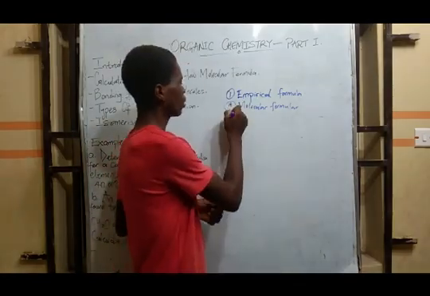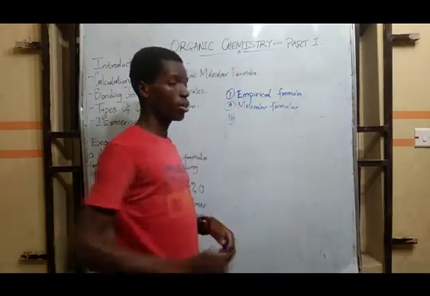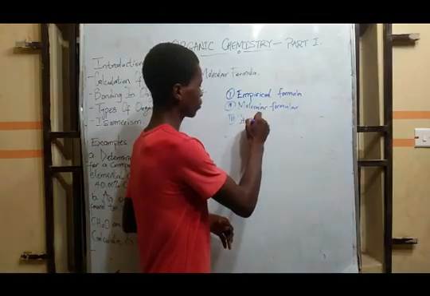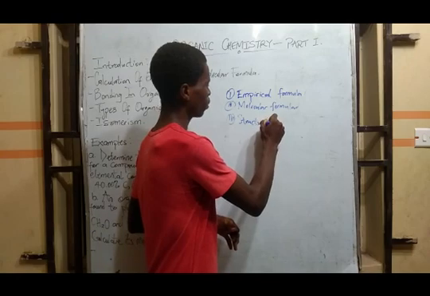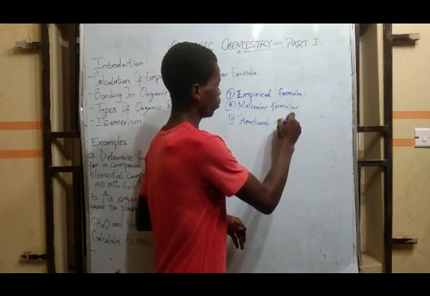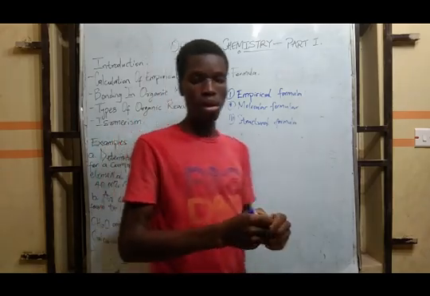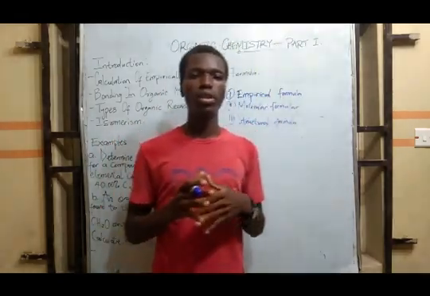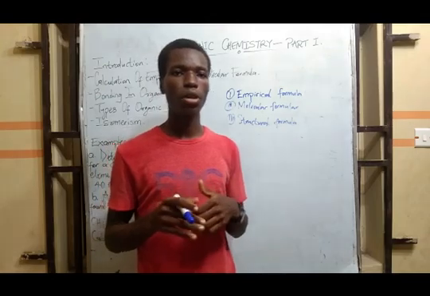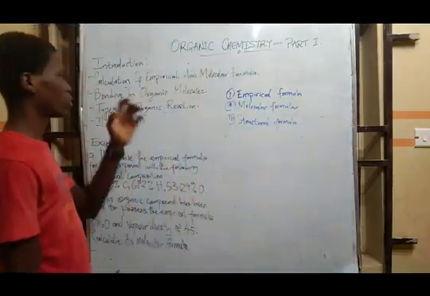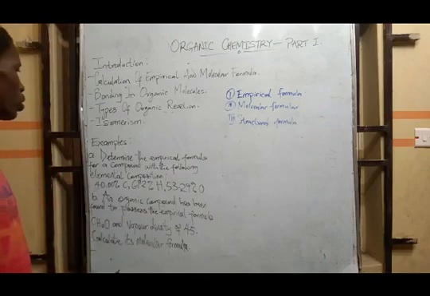And the last formula, which does not require calculation, is the structural formula, which tells us about the number of atoms bonded to the carbon atom in a molecule. Right now, we'll be solving probably 2 questions on empirical and molecular formula.